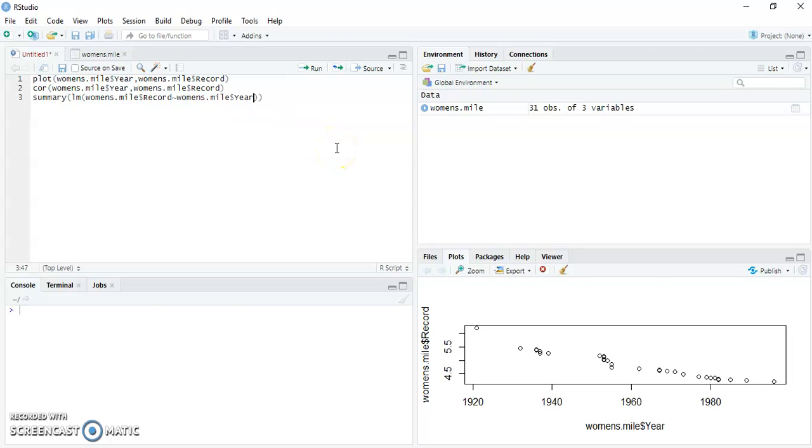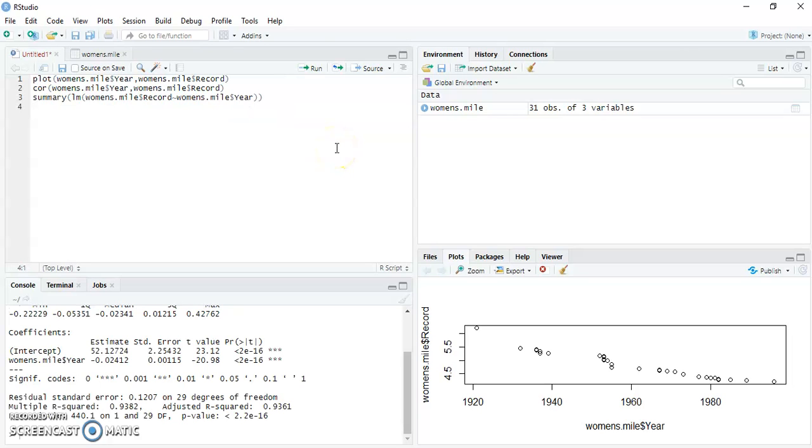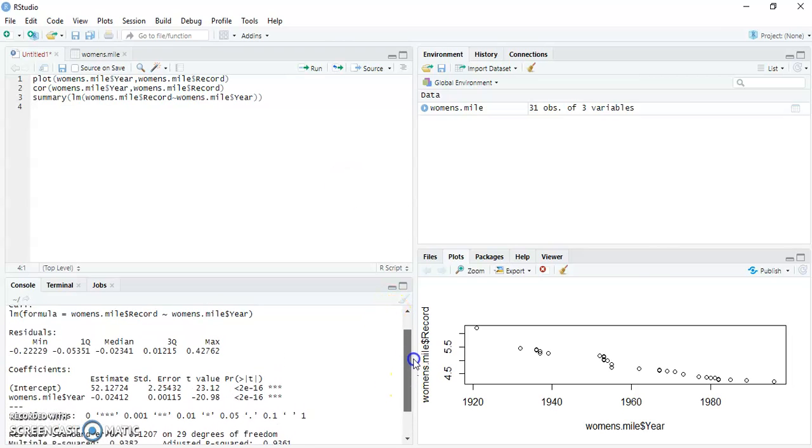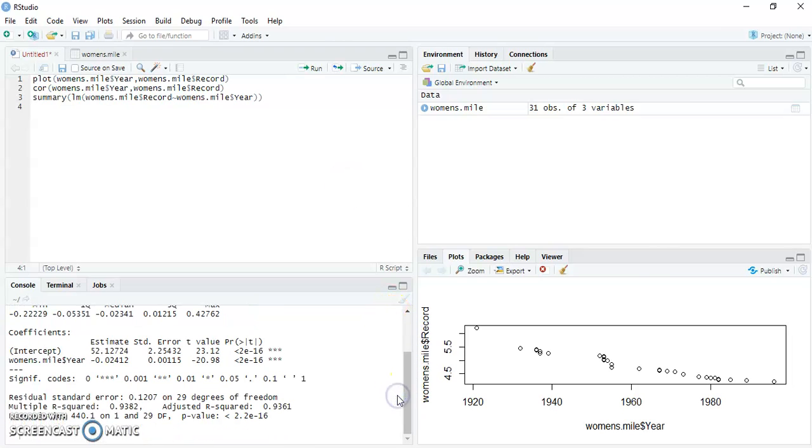When I run this code, I've got all this interesting output, a lot of different things. Essentially, the things I'm actually interested in are right here: the intercept, the slope, and the r squared. I just want to pull those three things, because I'm not really interested in all this other stuff right now.